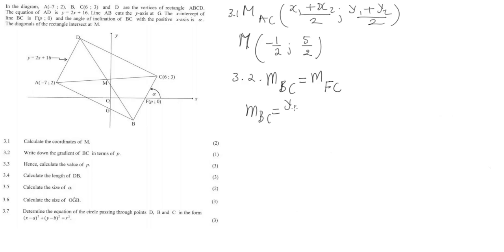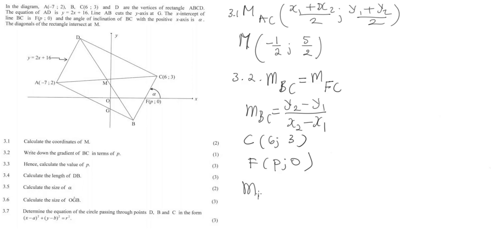So you write down the formula first: m equals y2 minus y1 divided by x2 minus x1. So what are your coordinates? You take C with 6 and 3, and then you use F with p and 0.